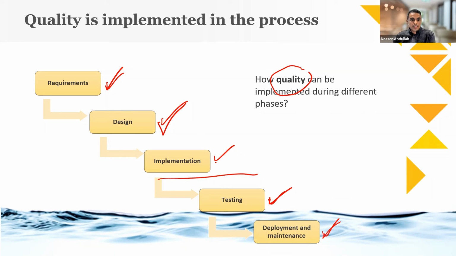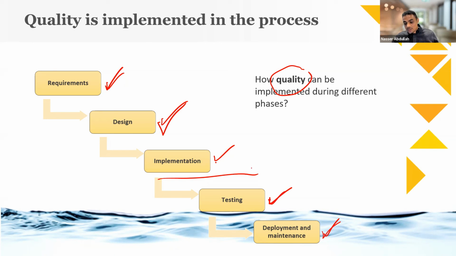Okay, guys, I think this should also be clear, because when you gather the requirements, you should also consider the quality. That means you should use good techniques to gather the requirements. In the design, the same thing, because the faults can come from any of these stages, the requirement or the design or the implementation. Why don't we talk a lot about testing?